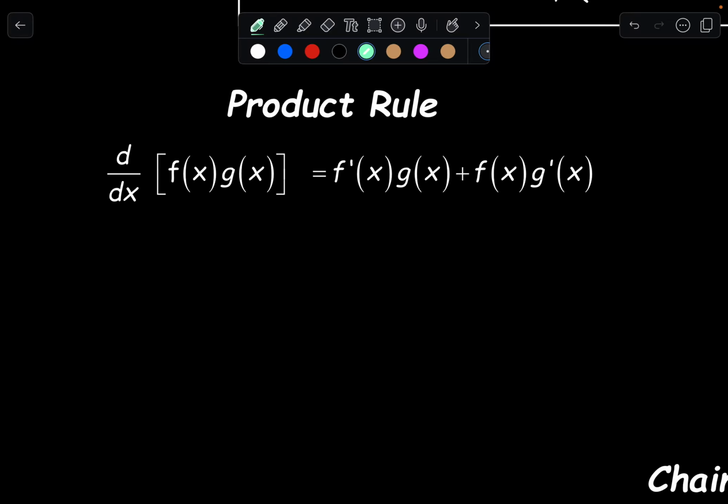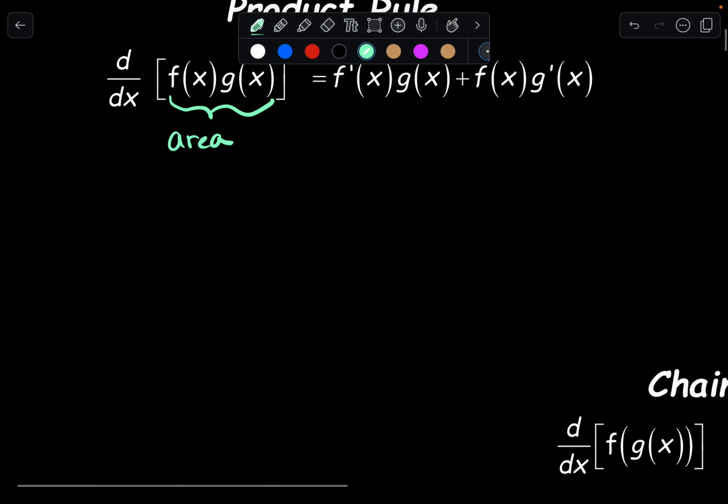So the product rule is we are taking the derivative with respect to x of a product of two functions. In this case, it'll be f of x times g of x. So when you take the product of anything, you should think of area. All right, so the area of a square is side times side. The area of a rectangle is length times width, which is the visual that we'll be using for today.